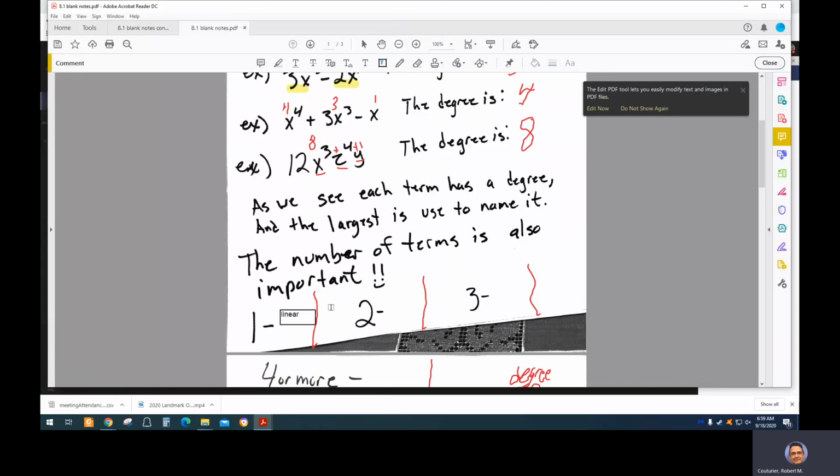There we go. Quadratic. When we have a degree of 3, it too has a special name. It's called cubic.